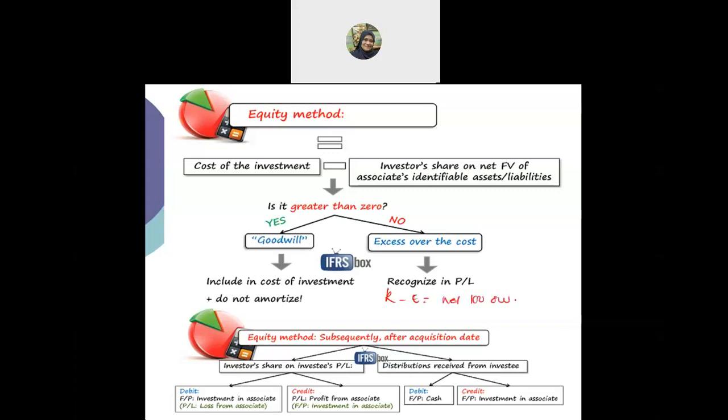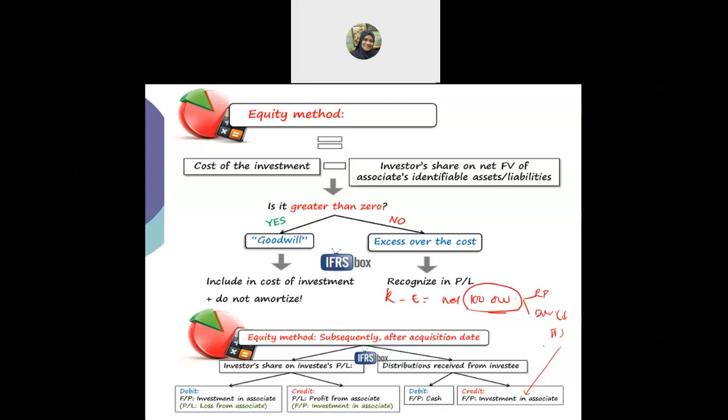From this 100,000, they're going to keep some apart as retained profit, and they're also going to distribute some as a dividend. So once you distribute a dividend, it's going to reduce your profit. Once it reduces your profit, the investment is also going to be reduced.